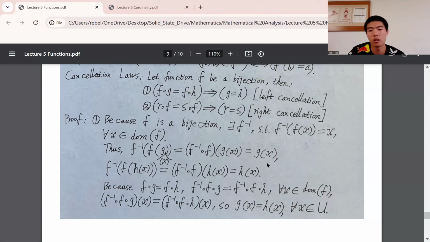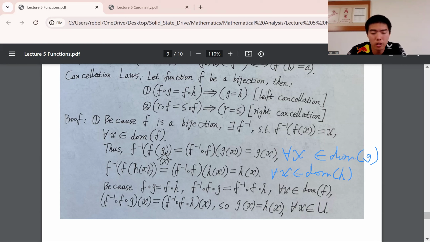So domain h is equal to domain g. This holds for all x belonging to domain g, and this property also holds for all x belonging to the domain of h, which is also domain g by their equivalence.